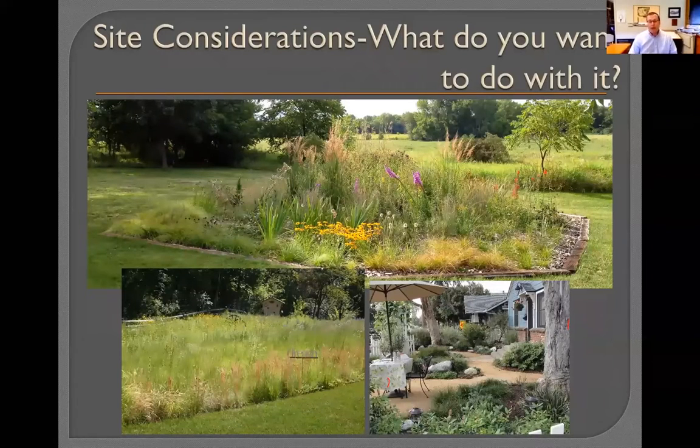Is there going to be paths, or more formal plantings with shrubs as foundation or base around the house? But what are you going to be utilizing this space for? Is there going to be fire pits? Is there going to be arbors? Those kinds of things. It's really important for you to think about how you're going to be utilizing this space.